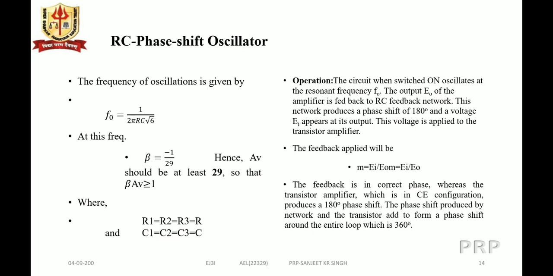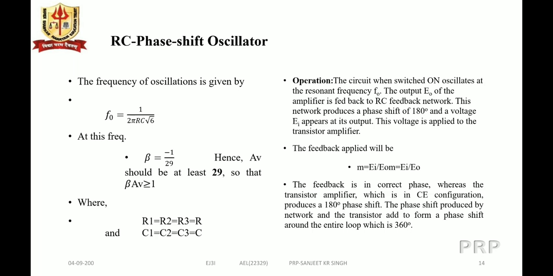For that, the three stages of the RC feedback network will have three equal values of resistors, R1 equal to R2 equal to R3 equal to R, and three equal values of capacitors, C1 equal to C2 equal to C3 equal to C.